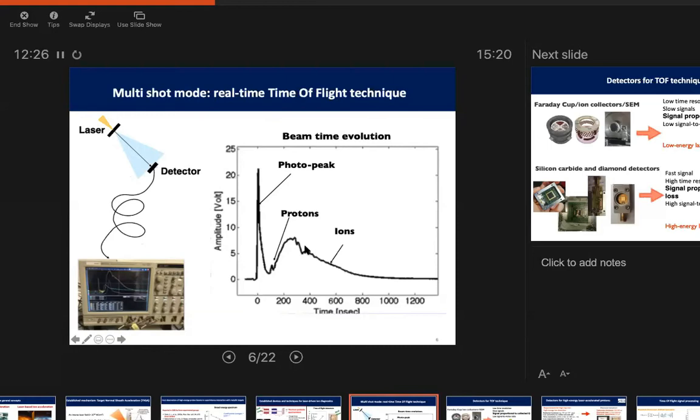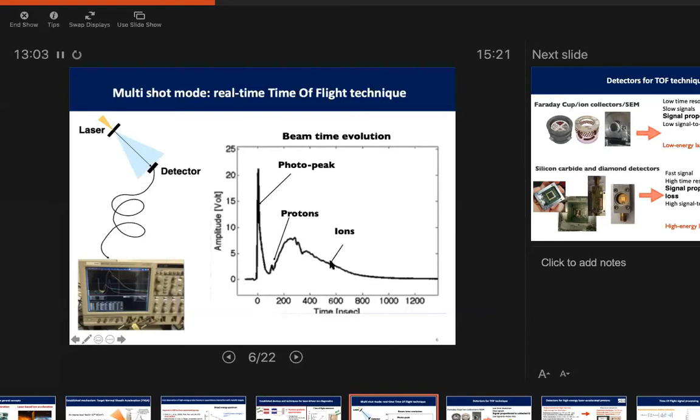This is a typical signal obtained with laser-driven beams. You can see that typically we have a first peak, which is called the photo peak, because it arises from the X-rays and gamma rays that are immediately emitted from the target when the laser hits it. So it gives you the T0, the instant when the laser is interacting with the target. Then after this, you have the immediate emission or acceleration of protons.